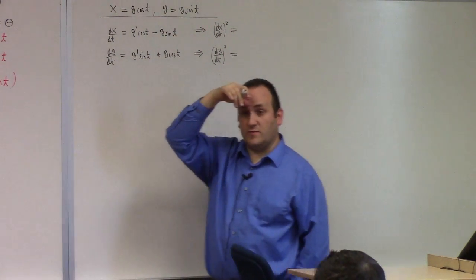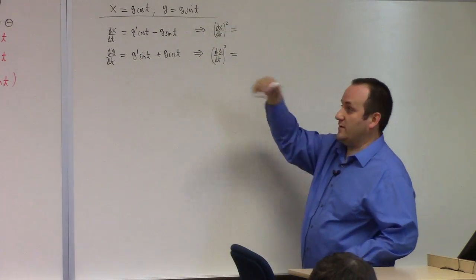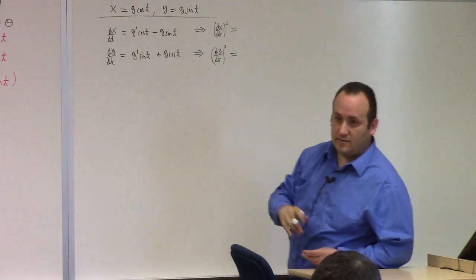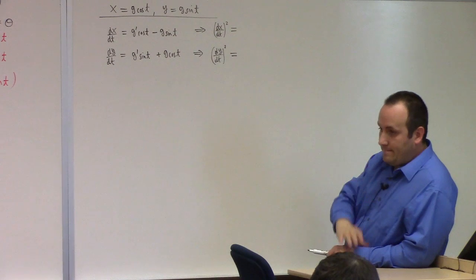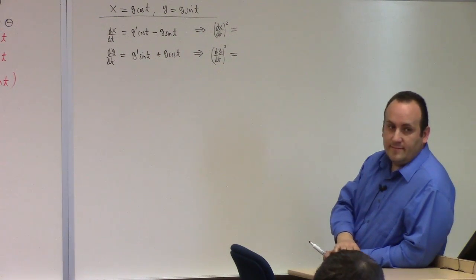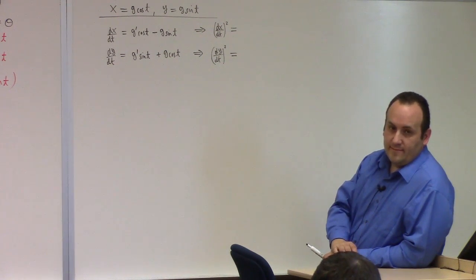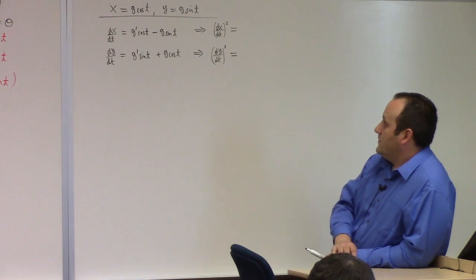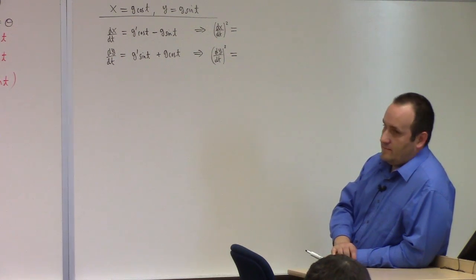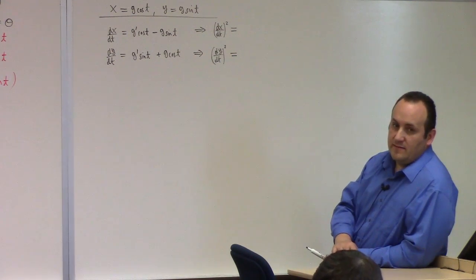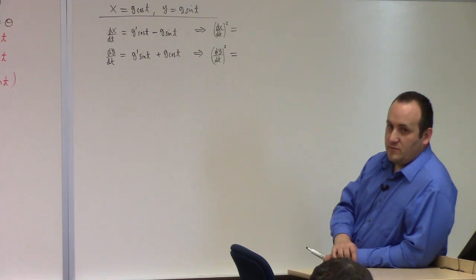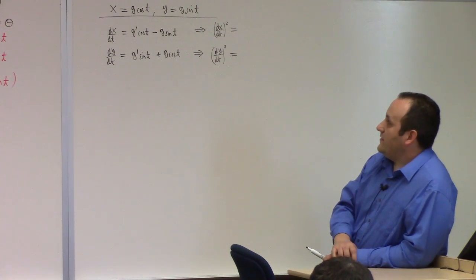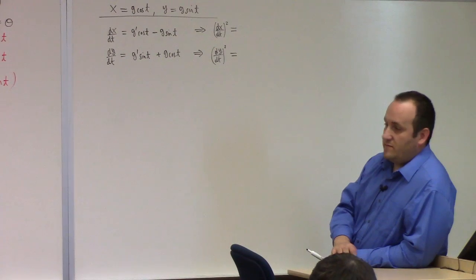Why did I have two terms? What am I doing here? g is a function of time, so I have to do the product rule. Now I've got a square, so you just FOIL it out, basically.